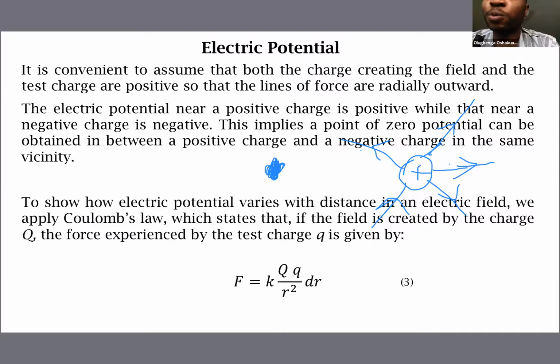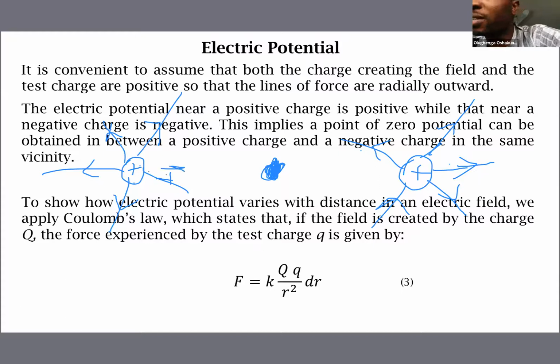When I have two positive charges, we can have another charge in between, in which this positive charge will be repelling this charge away, while the other one will also be repelling it.